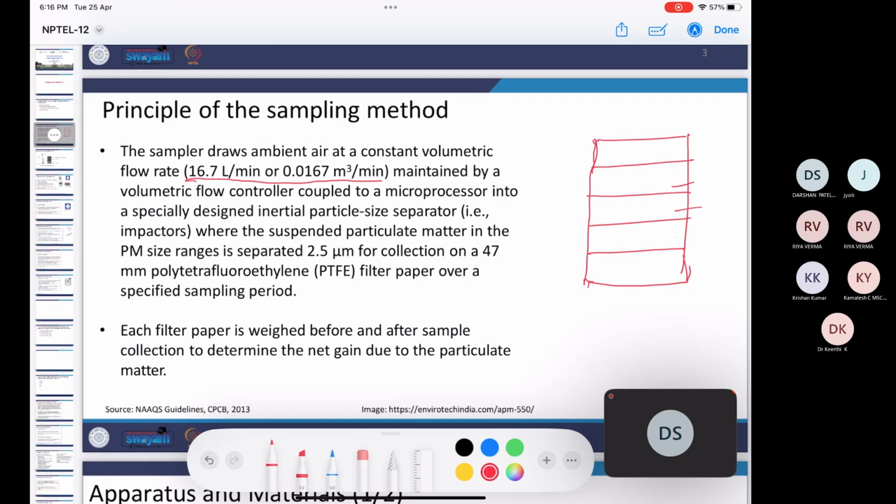So different sizes of sieves were there. For example, let us say this was your 20 mm, then this was, I'm giving just for an example, 15 mm, then this was 10 mm, and this was finer than 10 mm.